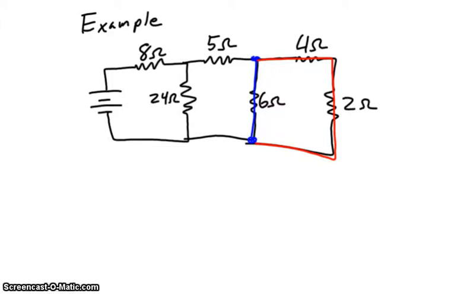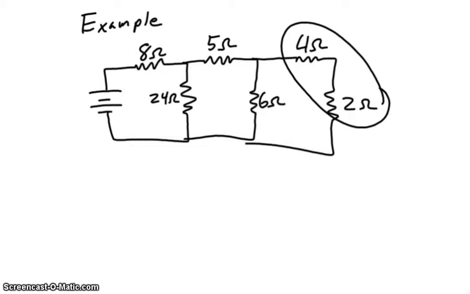So let's actually take a look at how I break this down. First thing I identify is that these two, the 4 and the 2, are in fact in series with one another. Nothing else is possible. The 5 and the 6 here are not in series with one another because there is that junction, that branch point right there, which allows some current to go that way. But let's move on.